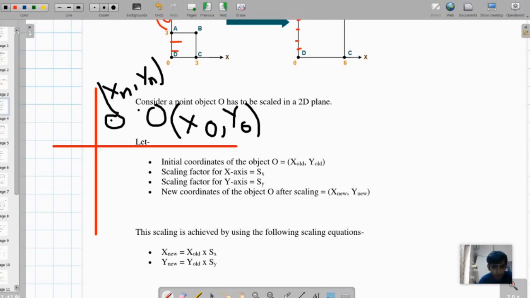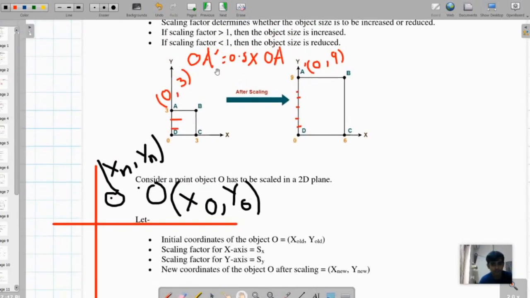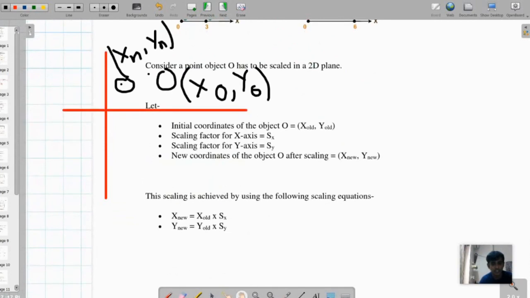So what is going to be the mathematical formulation for this x new and y new in terms of x old and Sx, y old and Sy? You are basically multiplying x old with Sx to get x new and y old with Sy to get y new. If you have followed this discussion here, I think this is clear to you.